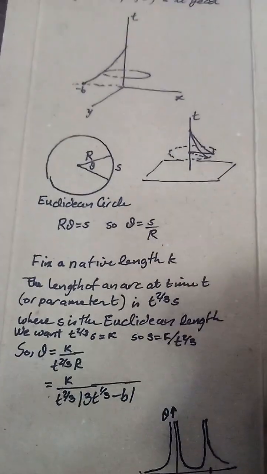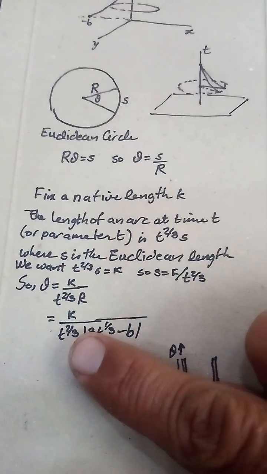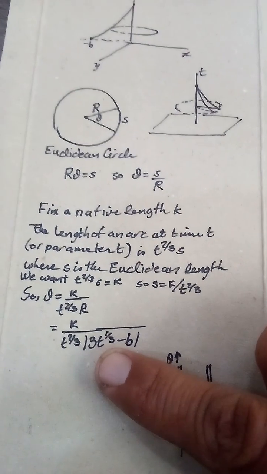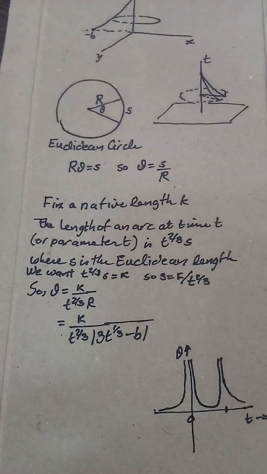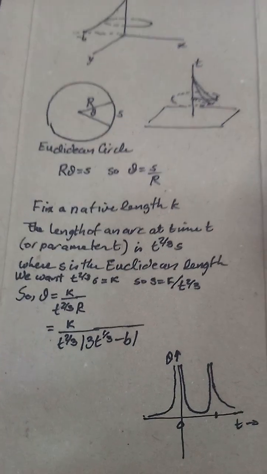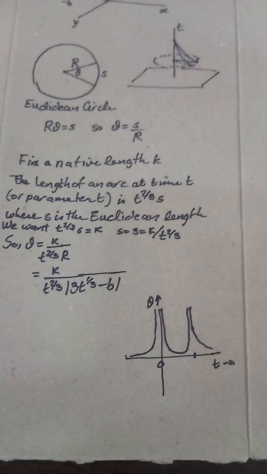Putting it all together, theta is equal to k over t to the 2/3, times 3t to the 1/3 minus b. By the way, that k is not the usual curvature in Robertson-Walker metrics. That k is just the native size of a particular object in the sky, like if you were near that planet, the actual length of it.